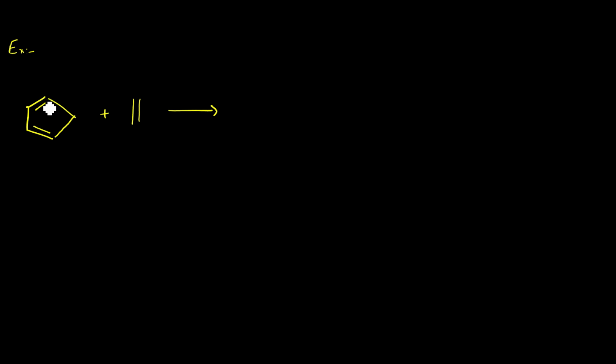You can see here we have two pi bonds, and here we have another pi bond. Now what you have to do is go in either direction. Let's move it here, and you have to move this pi bond to this particular carbon and this one to this particular carbon. Now the stereochemistry is very important, right?